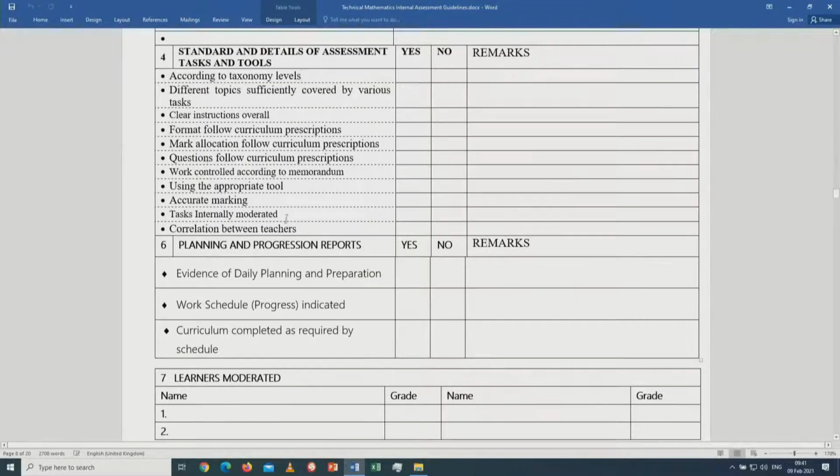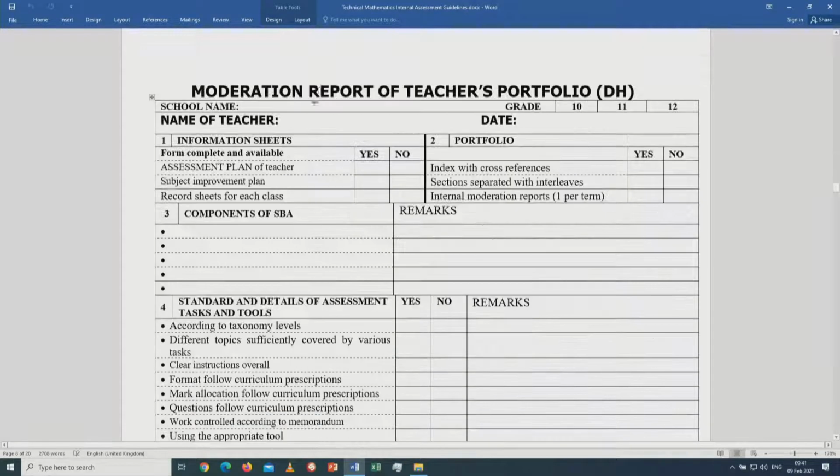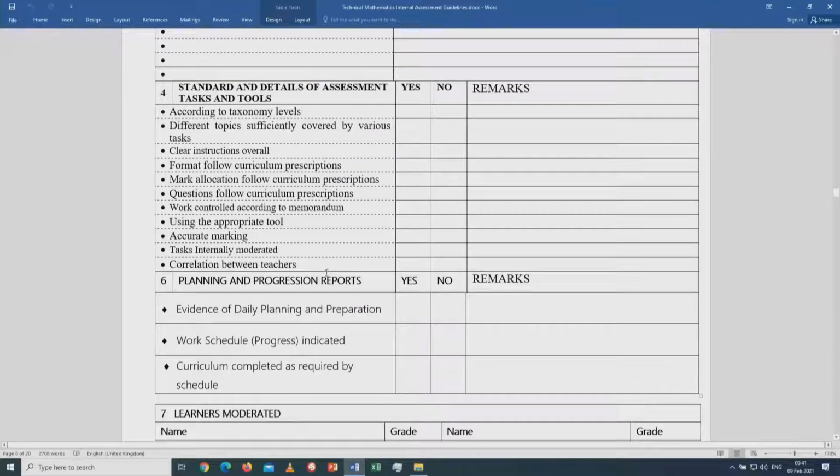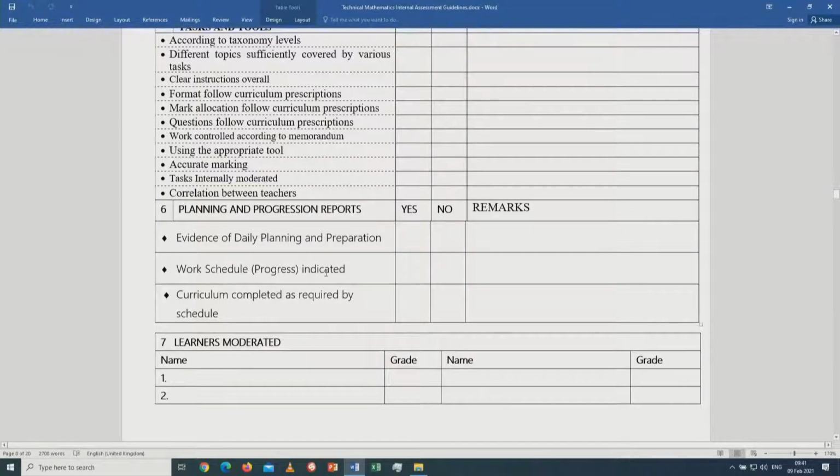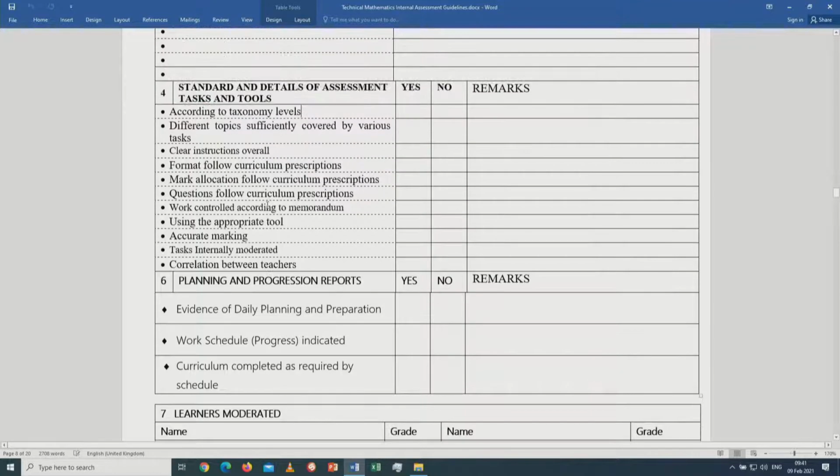And then this is a template used for moderation. So whenever your files are needed, your tasks are needed, these are things that are checked. And please, colleagues, earlier I indicated the issue of the pre and the post moderation. HODs, please make sure that whenever learners are assessed, those tasks are moderated.